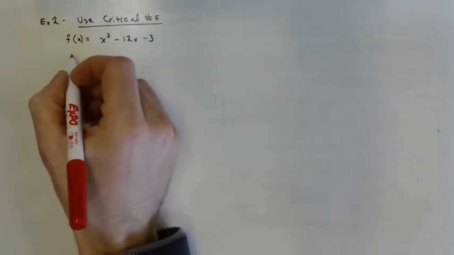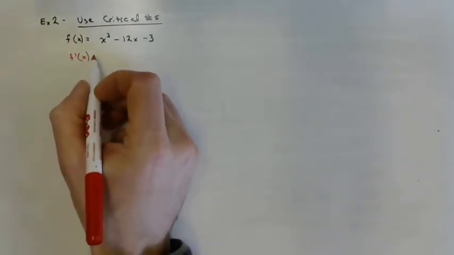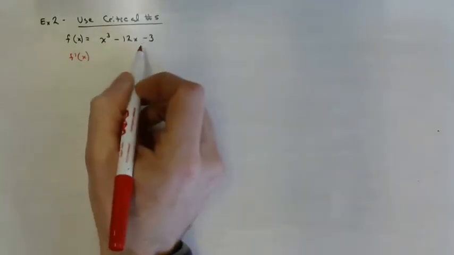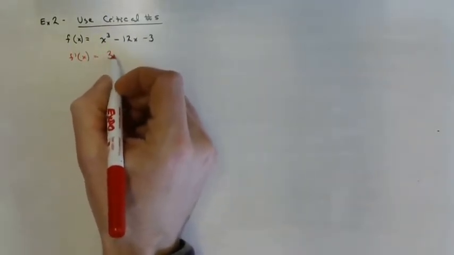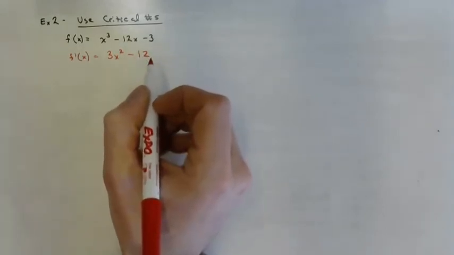Anyway, our step is to find the places where the derivative equals 0 because the derivative corresponds to the slope of the curve. So we first take the derivative, 3x squared minus 12.